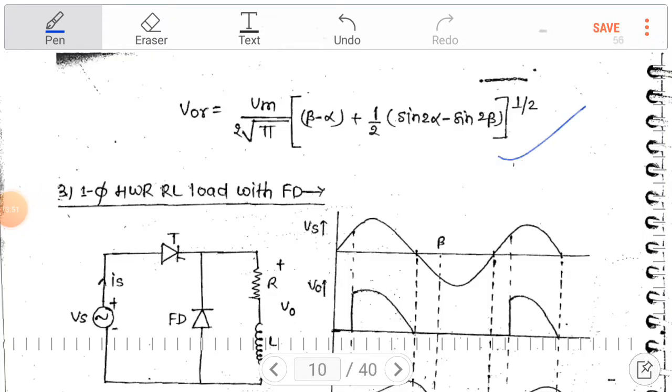This is the output RMS. We can also get this formula by using the generalized formula, where we put the upper limit equal to beta and the lower limit equal to alpha. By putting these values in the general formula, we get the output RMS formula.